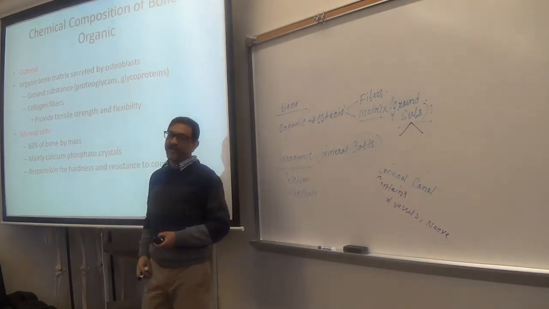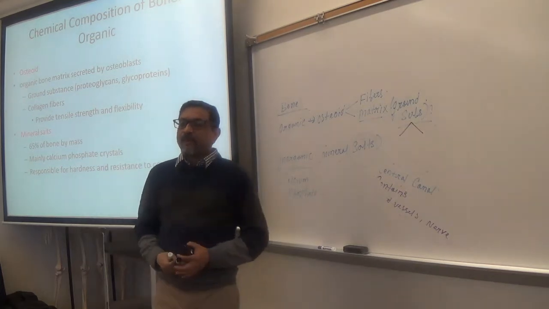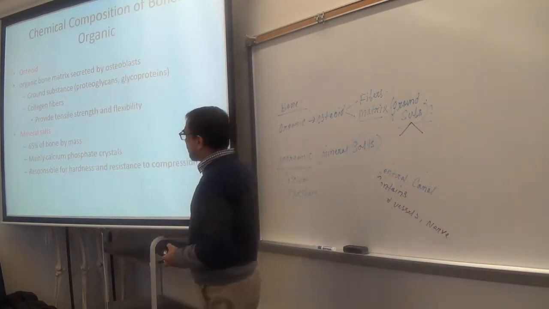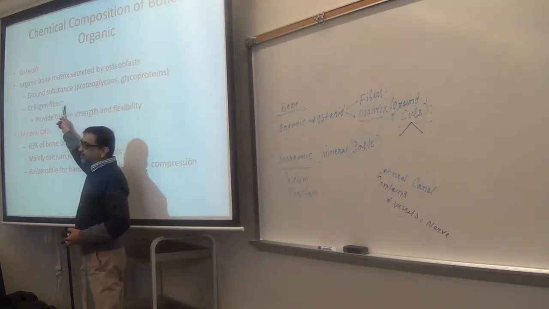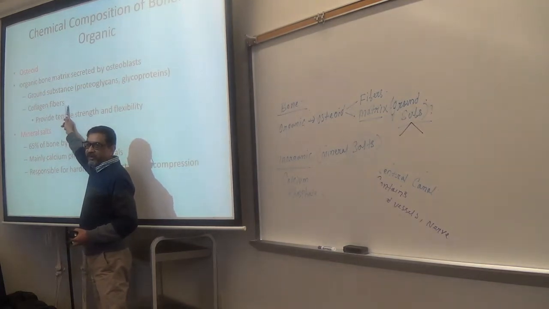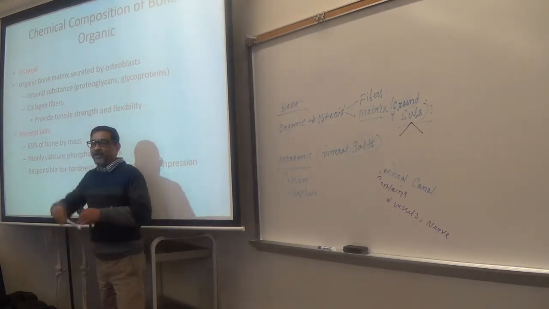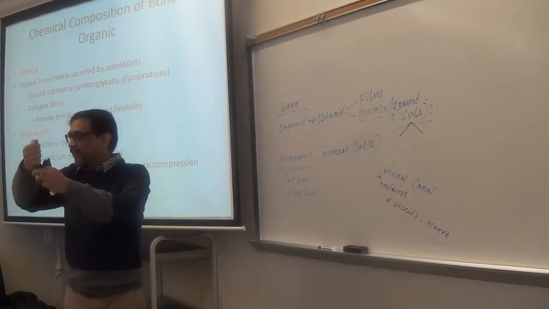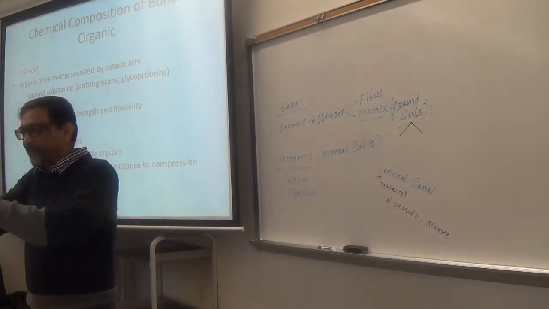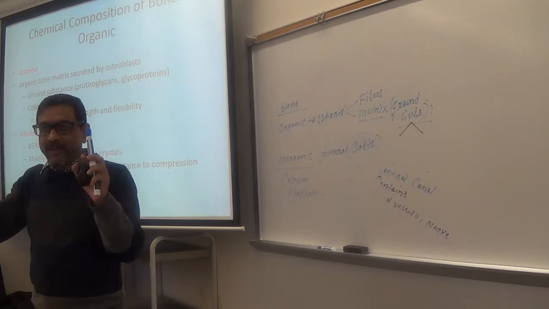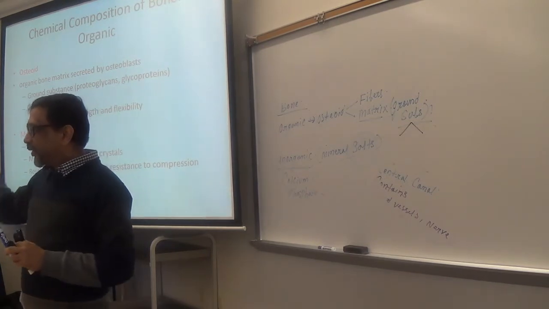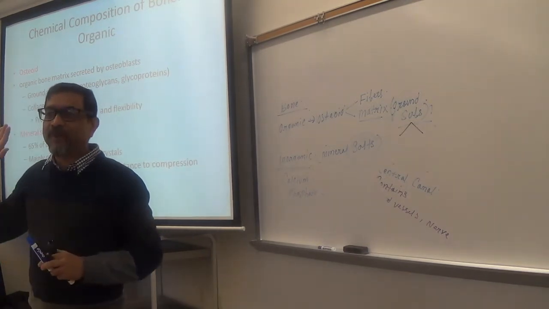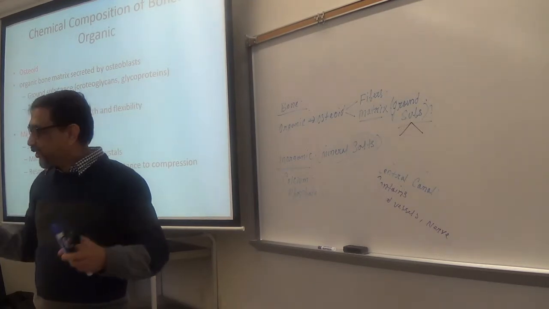The hardness. Okay? Now, you tell me, if I destroy the fibers from the bone, what will happen if I try to bend it? Break, right? Easily. It will lose the flexibility. Make sense? And we can do that. Chemically, we can destroy the collagen fibers from the bone to see what's the function of collagen fibers.